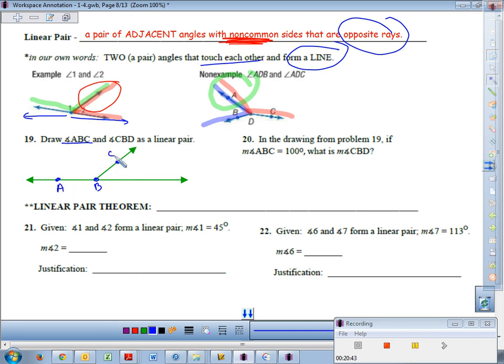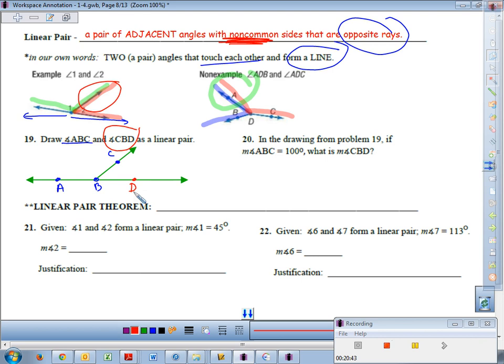And honestly, it does make a difference where the A and the C go now, because what was the other one's name? It's angle CBD. We need to use the C and the B to help us form the other angle. Isn't C on this ray already? B is the vertex still, and shouldn't D go right there? You with me on that? Angle ABC and angle CBD, they form a linear pair.